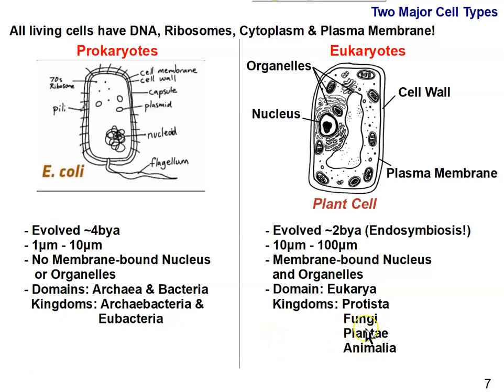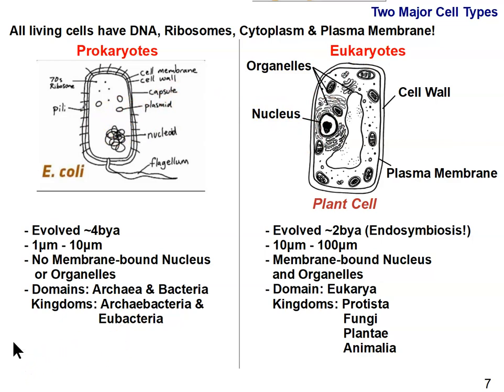And three of those are primarily multicellular: Fungi, Plantae, and Animalia. Plantae and Animalia are all multicellular. Fungi are mostly multicellular, and there are even some multicellular members of the kingdom Protista. But most of Protista are unicellular organisms. But anyway, that's the difference between these two cell types, prokaryotes versus eukaryotes.